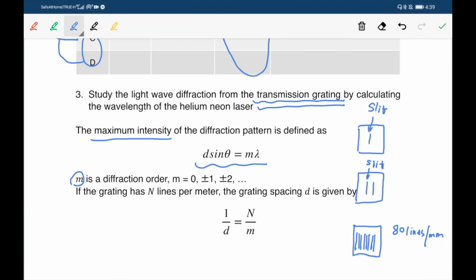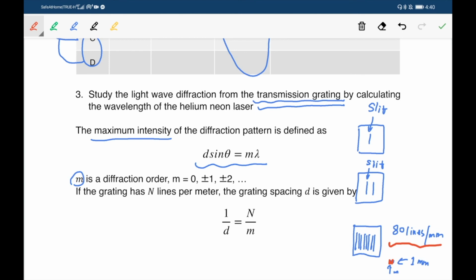So it means in the distance of 1 millimeter, which is a very short distance, there are 80 lines, 80 slits. We can think of it as 80 slits inside 1 millimeter. That is called the transmission grating.